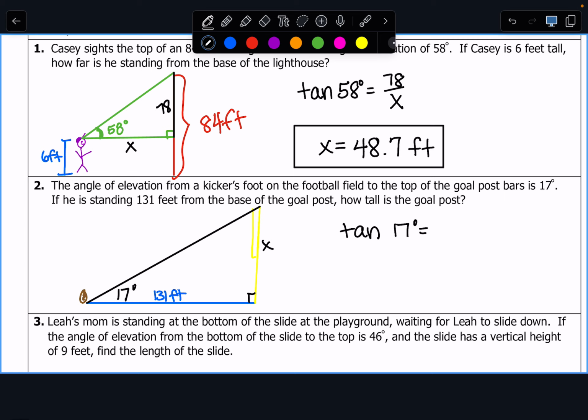Hold on, this is like completely off topic. Okay. Shh. If he's standing only 131 feet from the base of the goalpost, then that would really only be about 1 yard. Is my math wrong? That's a third of a football. How many? I don't care. You told me 3. 3 feet in a yard. Dude, I asked him how many feet are in a meter, and he goes 39. 3 feet in a yard.